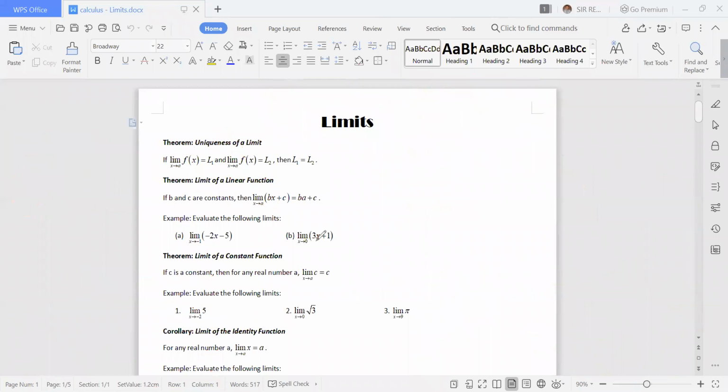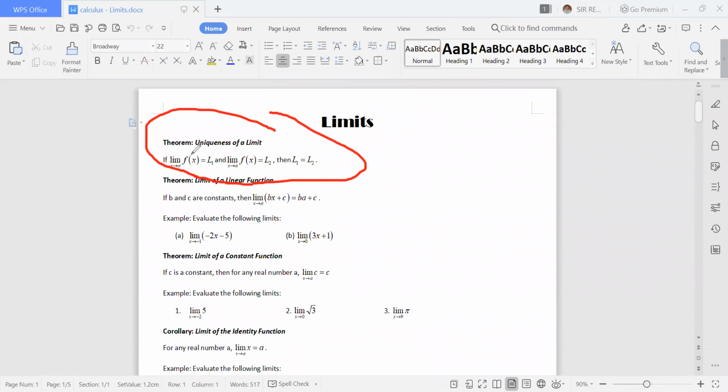Okay? So, the first theorem that you need to remember is the uniqueness of limit. If you say uniqueness, if a function has a limit, it has only one answer. It cannot be that its limit is 2 and at the same time its limit is 3. No, it will not happen. Can you look at this theorem, the very first theorem?